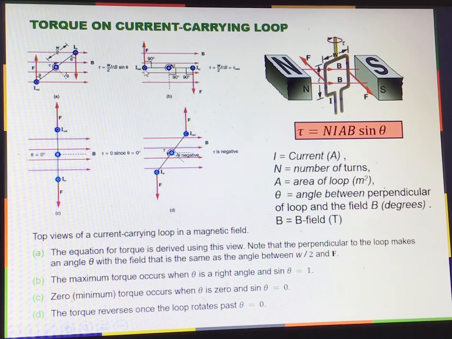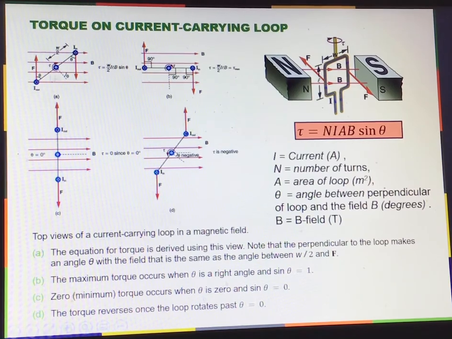Here the loop is oriented in such a way that the force is at 90 degrees with respect to the magnetic field. Then in this orientation right here, you can see that the forces are pointing in opposite directions and also at 90 degrees with respect to the magnetic field. So in this configuration, the torque is just going to be equal to 0.